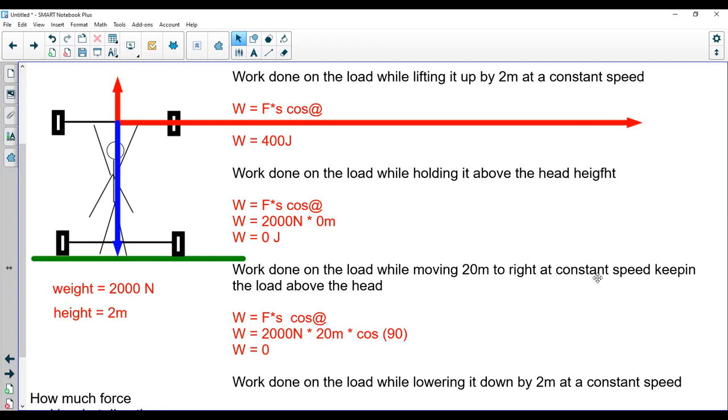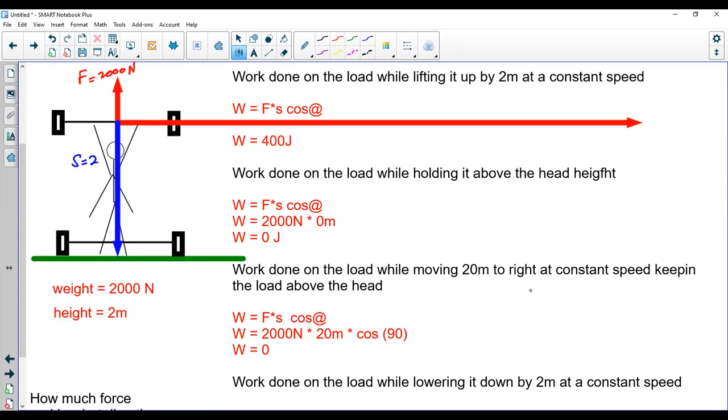The 2000 Newton is still upward, but the displacement is downward. So what's the angle between the upward 2000 and the 2 meter downward?